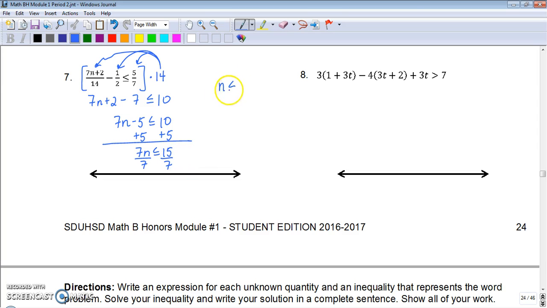In this one, we don't flip the direction that the inequality faces, 2 and 1/7. I usually put this number in the middle. You don't have to.